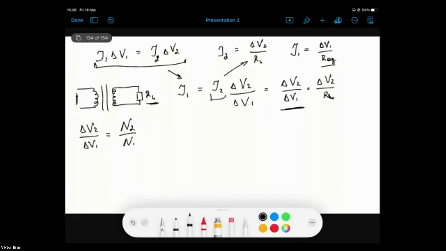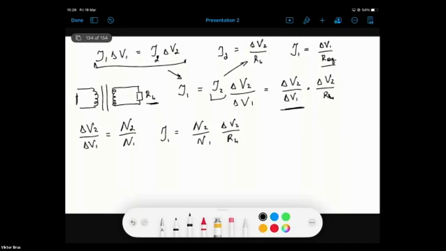So we can continue and write that I1 is equal to N2 divided by N1 times delta V2 divided by RL. Now we need to go from delta V2 to delta V1 because we want to determine the equivalent resistance in the primary coil, so we need to deal with the voltage at the primary coil.